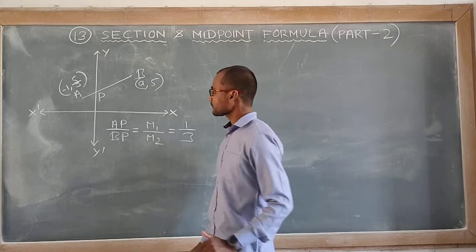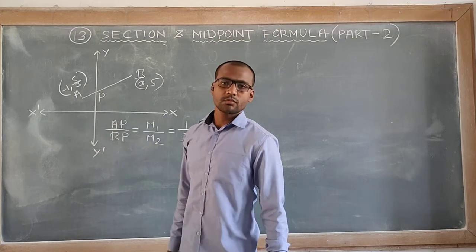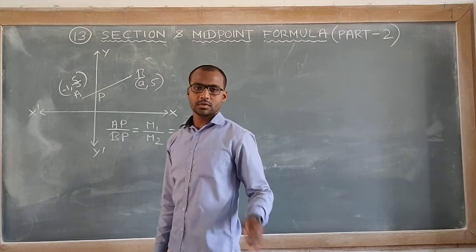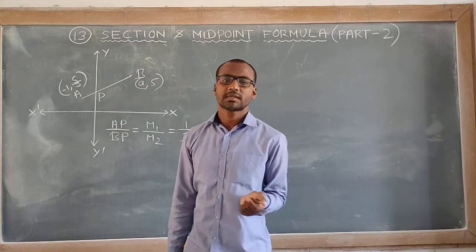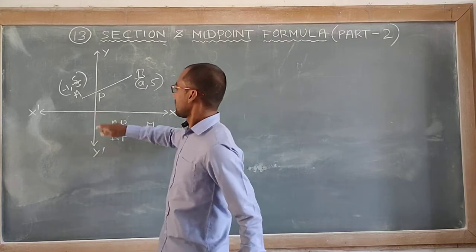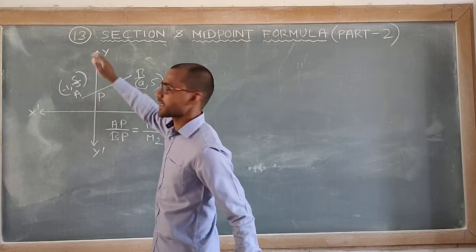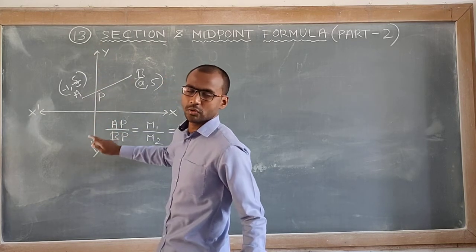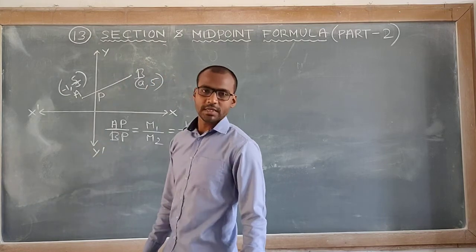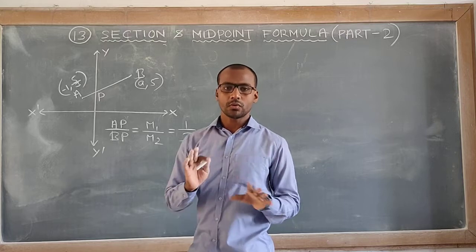Can we find the coordinates of point P? The point P lies on the y-axis, and any point that lies on the y-axis has x coordinate 0. For example, (0, 1), (0, 2), (0, 3), (0, minus 1), (0, minus 2). If you take any point on the y-axis, its x coordinate will definitely be 0, though the y coordinate we don't know.